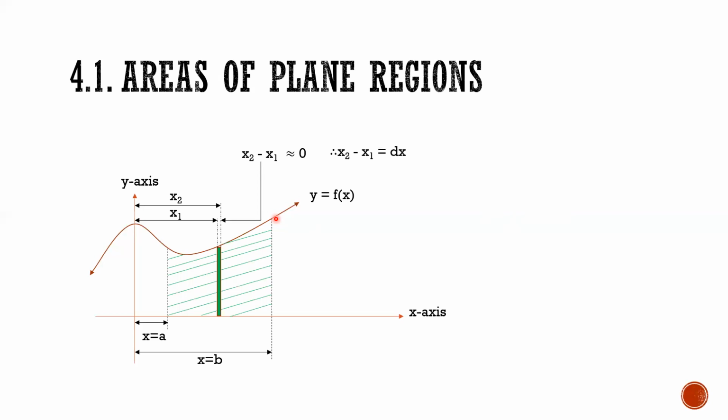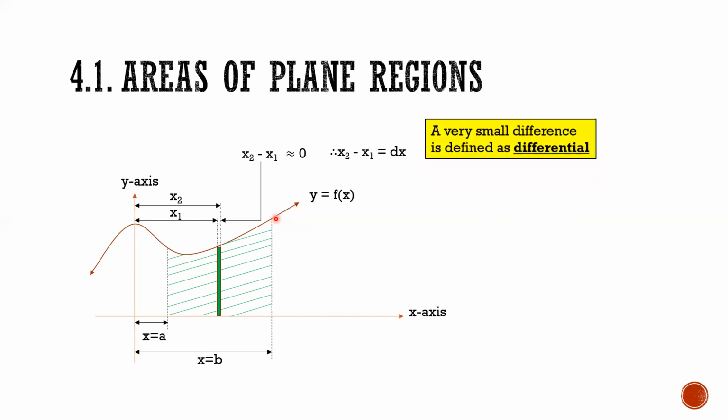Now, from the concept of calculus, in particular differential calculus, any small difference we can consider as a differential of that particular variable, in this case, the differential of x. So a very small difference is defined as differential, as we all know.